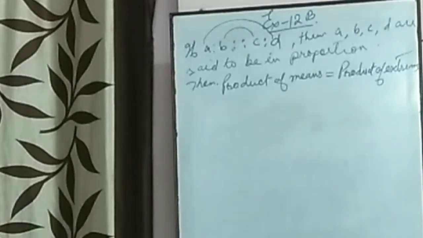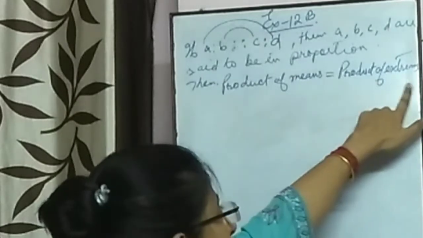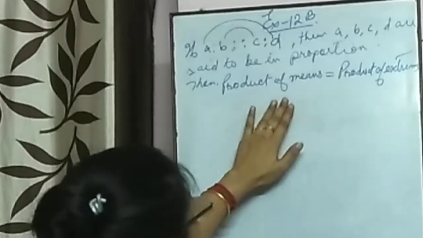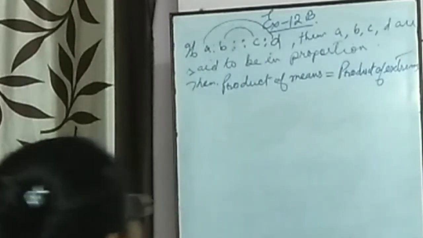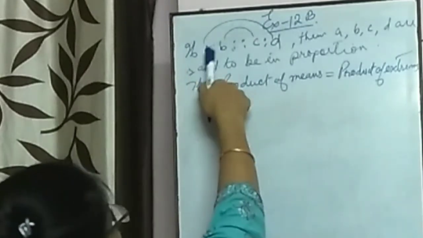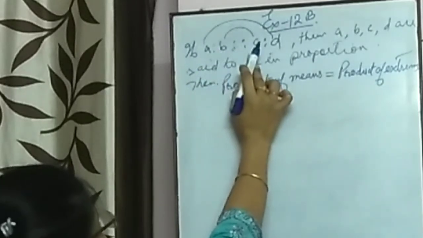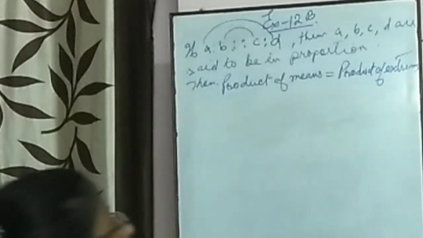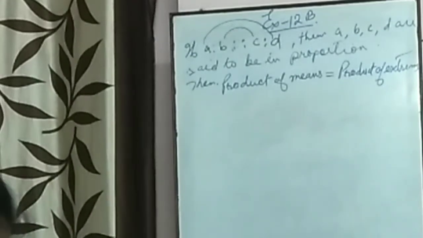Always it happens. So when they are in proportion, we can use this property, and if it holds, that means they are in proportion. Each of the terms has a different name: first proportion, second proportion, third, fourth. By naming them, we need to find the proportions.